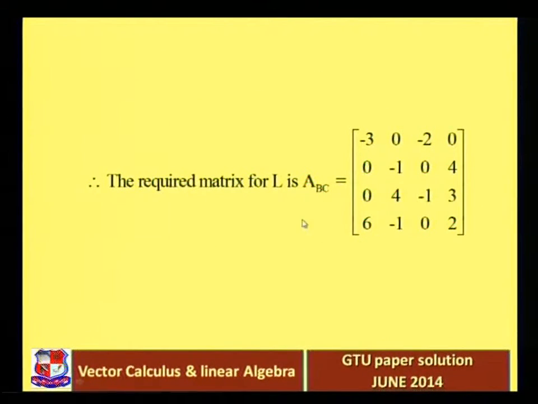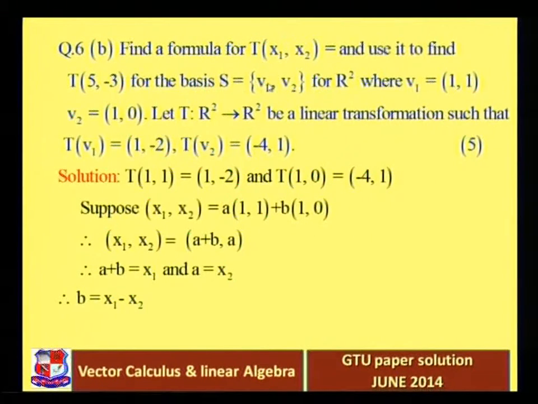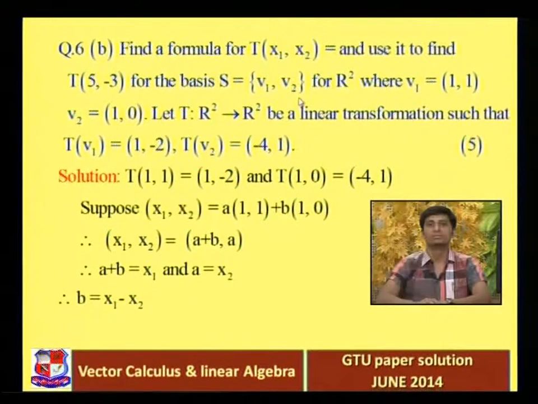Next question, question 6b. Find the formula for T of x1, x2 and use it to find T of 5, minus 3 for the basis S equal to V1, V2 for R2, where V1 is equal to 1, 1, V2 is equal to 1, 0.